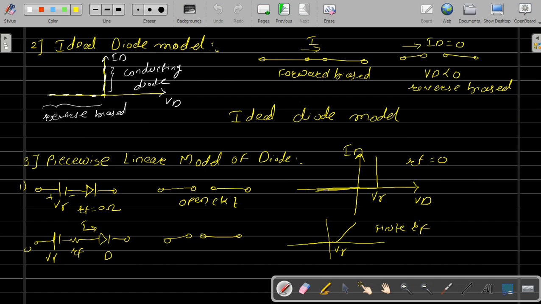That means when I give almost zero voltage, the current starts flowing through the device, and when I give negative voltage, no current flows. That's what it says. There is no voltage drop, no battery, no voltage drop across the resistance RF, no VF, and no ideal diode. The moment you apply voltage, the maximum current flows through your diode, a completely short circuit, right?